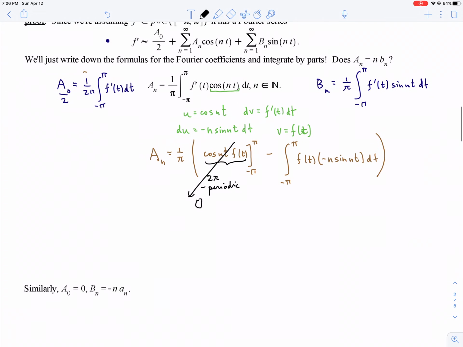So that term disappears. Then what's left? Well, I have a 1 over pi outside the parentheses. Inside the parentheses, in the second term, I have a minus and a minus. That gives me a plus.